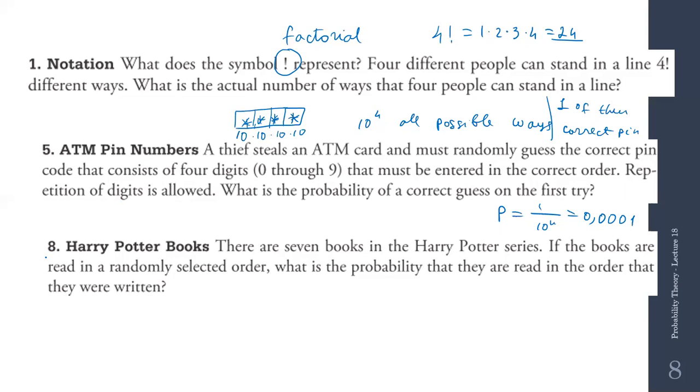Harry Potter books. There are 7 books in the Harry Potter series. If the books are read in a randomly selected order, what is the probability that they are read in the order that they were written? So we have here 7 books of Harry Potter on the bookshelf.